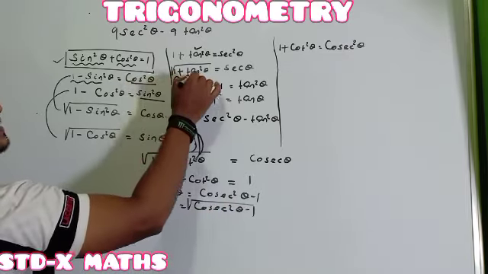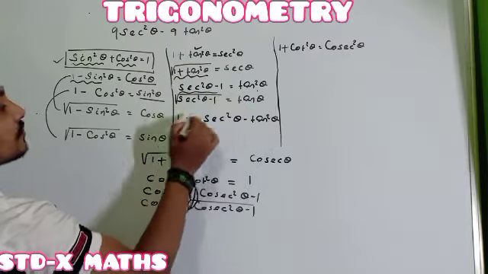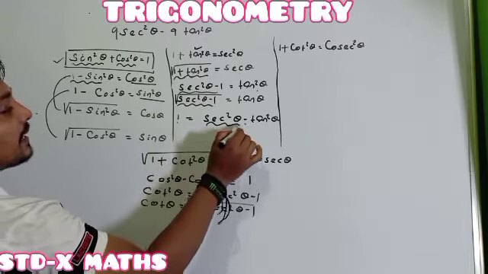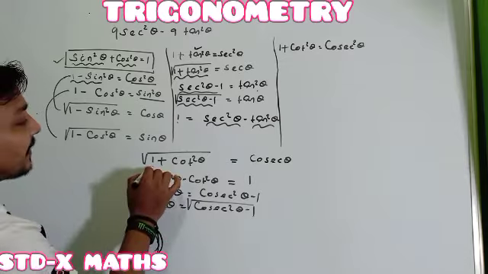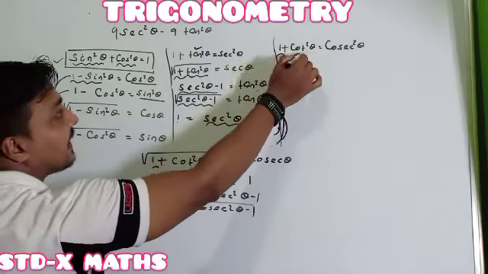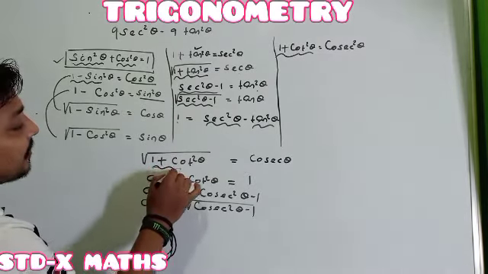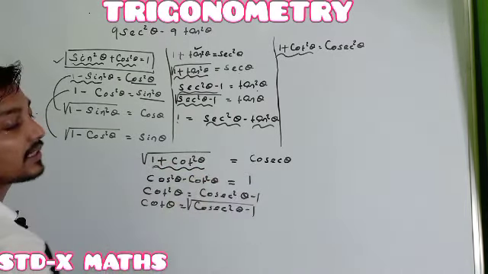Whenever you get the chance, put sec square theta on behalf of 1 plus tan square theta, tan square theta on behalf of sec square theta minus 1, and 1 on behalf of sec square theta minus tan square theta. In the similar way, whenever you get 1 plus cot square theta, put it as cosec square theta. Whenever you get the root of 1 plus cot square theta, don't miss the chance to put it as cosec theta.